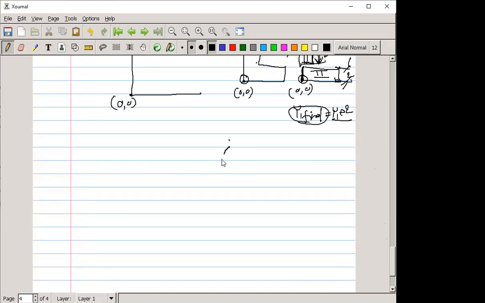Suppose a area is given which looks like this and this.